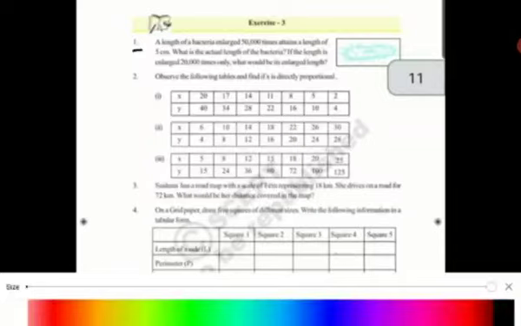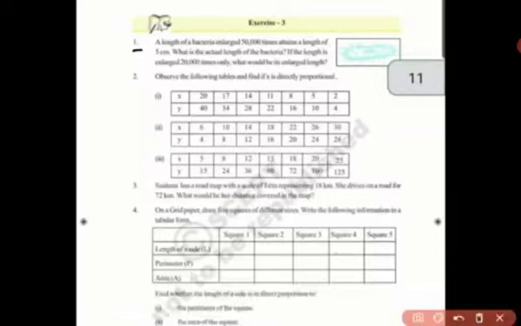What is it saying? The length of a bacteria is enlarged 50,000 times, and when enlarged 50,000 times, the length is 5 centimeter.